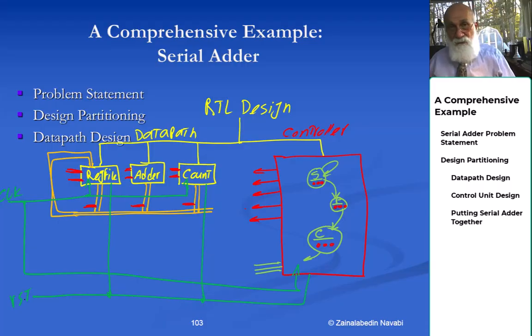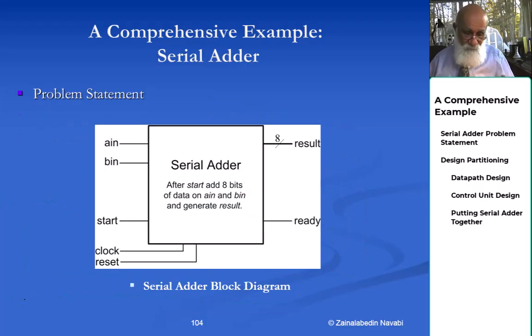Okay, a controller, certain control signals, certain data path signals. And the way I design is this: I start with the problem statement, and then I decide what part of it is my data path, what part of it is my controller, and then I do the data path design, and then I do the controller design.